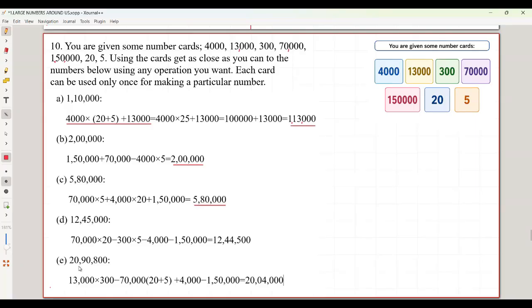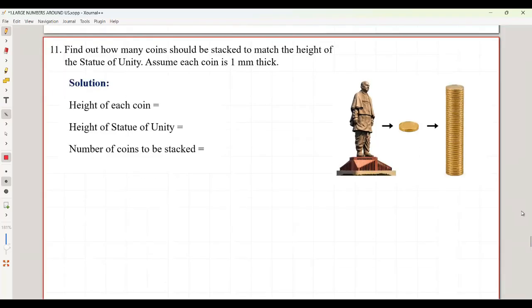The last one, 20 lakhs 90,800, can be written as 13,000 into 300 minus 70,000 into 20 plus 5 plus 4,000 minus 1 lakh 50,000. So you're getting 20 lakh 4,000, approximate and nearest to 20 lakhs 90,800. Now I'll move on to the next question, the 11th one.